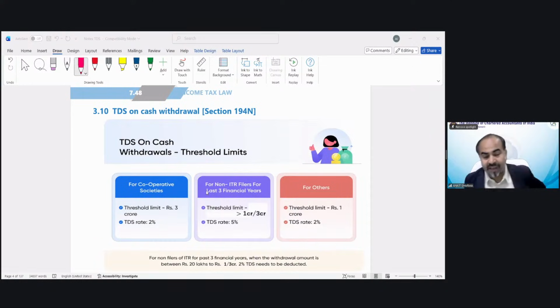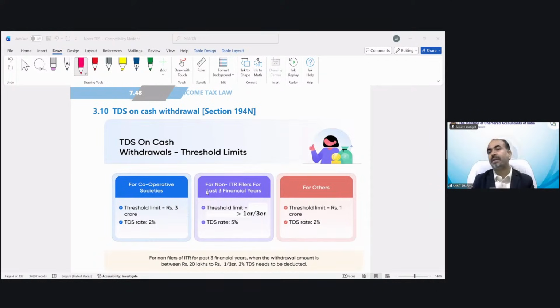So this is the first case in which you will see there is no income generation. Like I have deposited my amount in the bank, whether in cash or via online mode. On deposit, there is no problem. But whatever amount is in your bank account, if you withdraw that amount in cash form, then after a certain limit, TDS is going to be deducted by the bank.